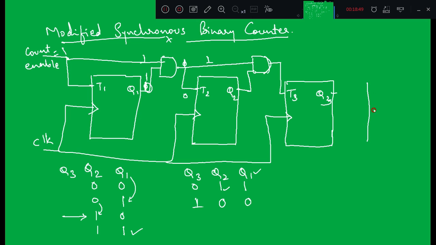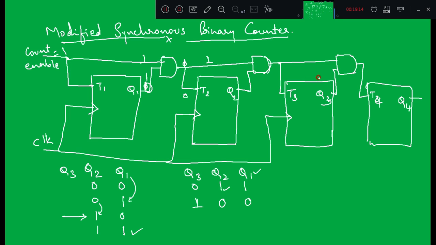So can you observe here, the number of inputs is going to remain the same for both the AND gates, right? Even if I draw one more AND gate, one more flip-flop, I'll connect the output of the second AND gate to one of the inputs of the third AND gate, and the second input will become Q3, and this will be equal to T4, and this will be equal to Q4, right?